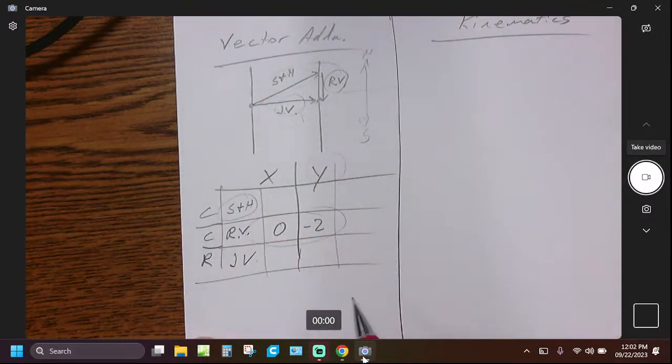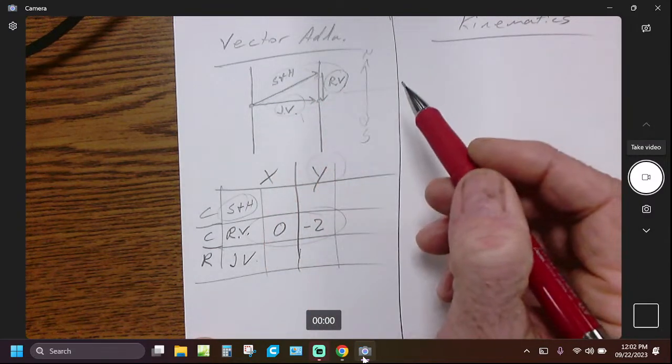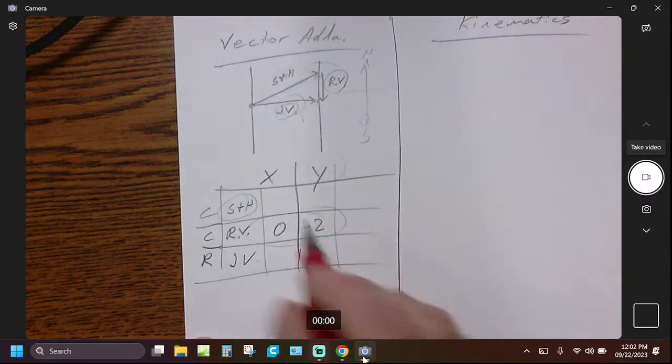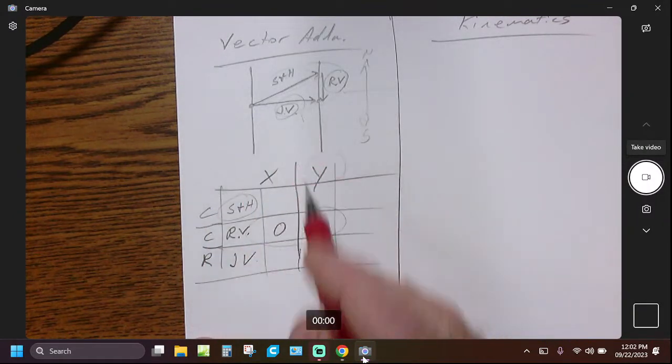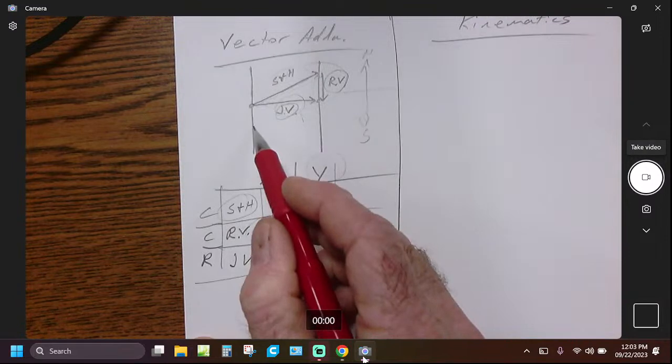Speed and heading here. Do I know the X and Y values of that? This is where it gets kind of weird. Nobody's said it yet. So the quick answer is no. Jane's velocity: do I know the X or Y components of Jane's velocity? 80. What's that? 8. 80 is the distance across here.